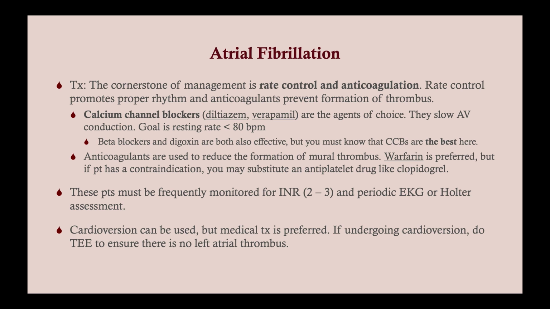And whether you use warfarin or something like aspirin is going to depend on their CHADS-2 score. I would say for the USMLE, just go for warfarin because they're probably not going to get that detailed, but in practice, some patients can get by without warfarin, and we'll go into when that is. But for the USMLE, patients with atrial fibrillation need to be anticoagulated with warfarin.